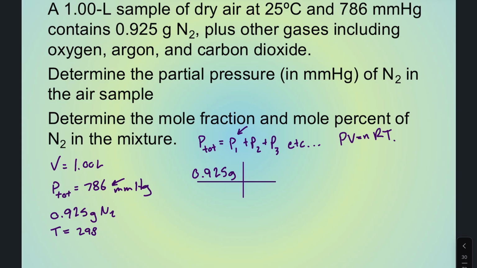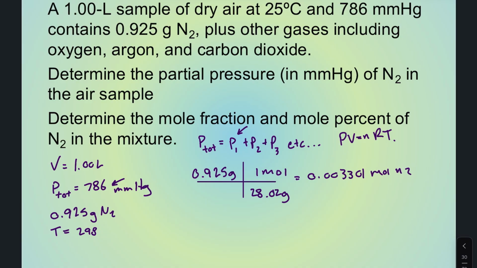We will divide that by the molar mass of nitrogen, which is of N2 specifically, which is 28.02 grams in 1 mole. That's going to give us 0.003301 moles of N2.